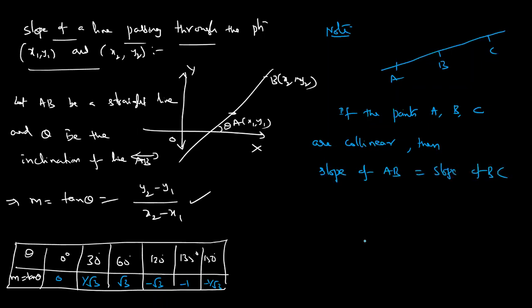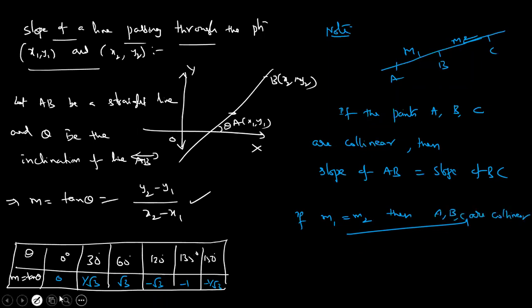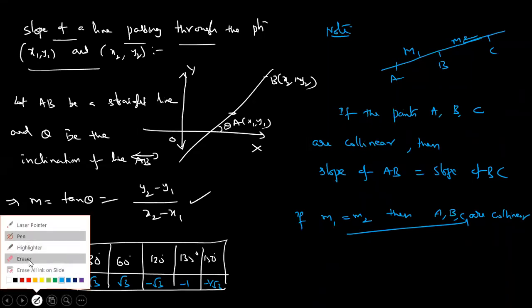That is the meaning. This is M1, this is M2. So if M1 is equal to M2, then A, B, C are collinear.